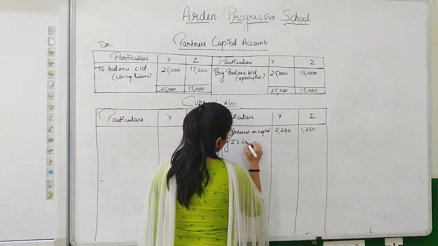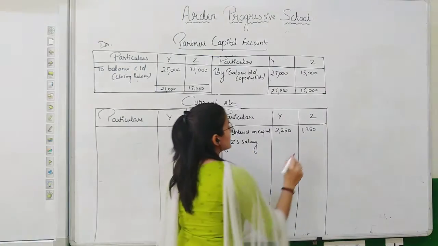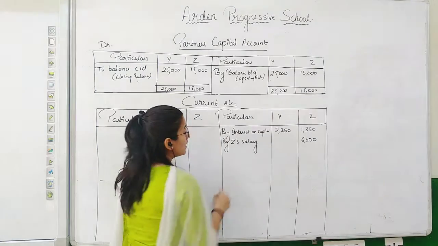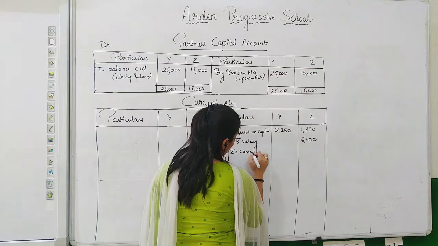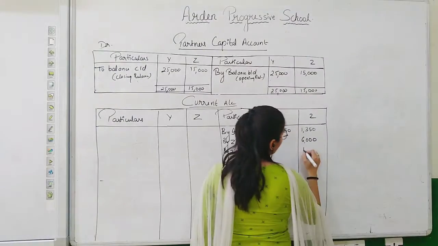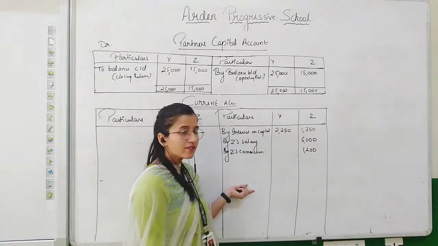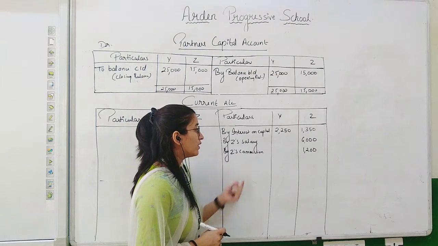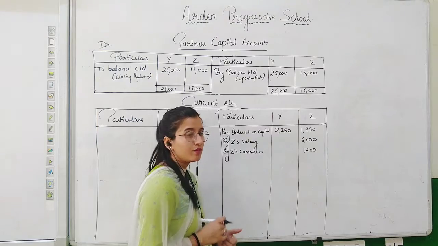Next, by Z's salary. Z was entitled a salary of ₹6,000 per annum along with the commission. So we will write here by Z's commission. Commission we have calculated which was amounted to ₹1,200. Now next, profit is also treated as income for the partner. We have calculated the profit distribution among the partner in P&L appropriation account.